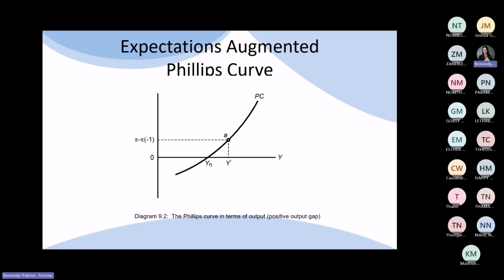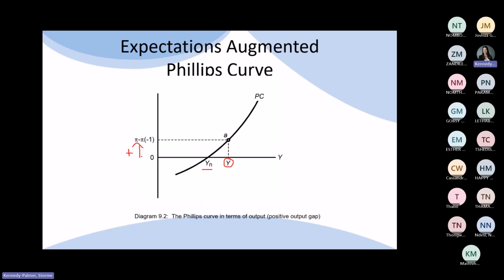So the actual level of output, Y, is above the natural level of output, denoted by YN, and the change in inflation is positive, i.e. inflation is increasing.